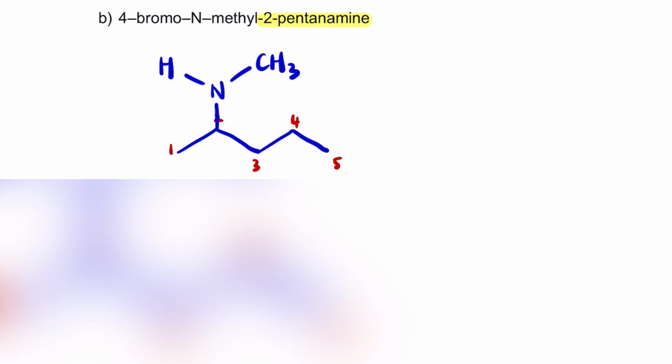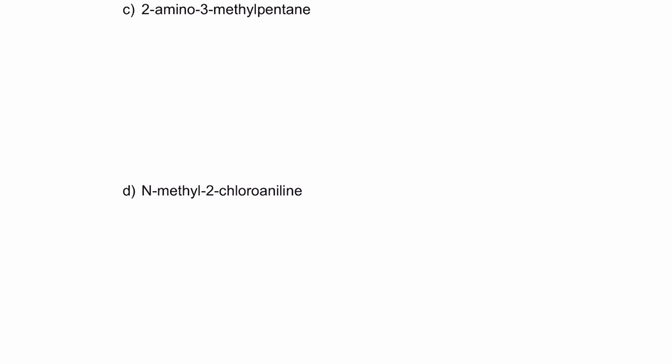So kalau awak nampak structure macam ni, pastikan awak complete the structure by adding another bond for nitrogen attached to hydrogen. And then last one kita ada 4 bromo. This is at the 4th carbon. Tarik bond dulu baru letak bromo. So settle for B. Now we go for C and D.